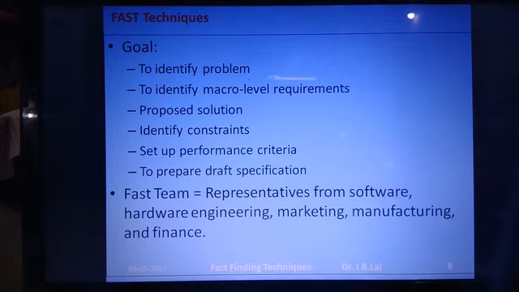The FAST team is comprised of developers as well as customers. In detail, it may comprise representatives from the software side, senior developers, hardware engineering, and personnel from the customer side such as marketing, manufacturing, finance, R&D, and the like. It should be kept in mind that the team should not be very large, otherwise the objective of the meeting would fail.